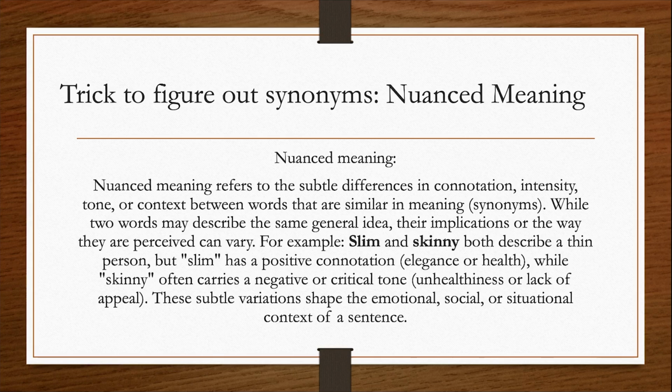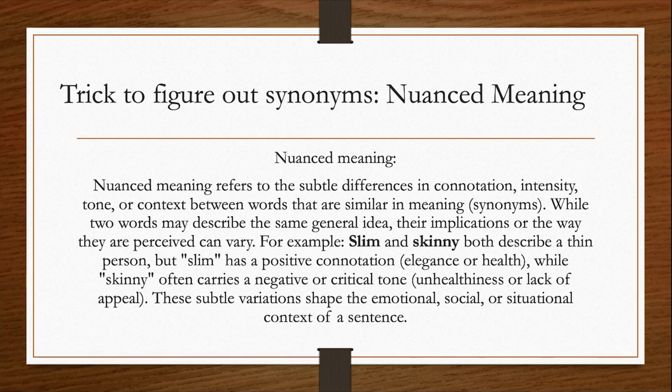Okay. For example, what is the difference between the two sentences? If I say Mahesh is a clever person, that's sentence number one. Sentence number two is Mahesh is a cunning person. Now, if you observe closely, the first sentence has positive connotations, whereas the second sentence has negative connotations.